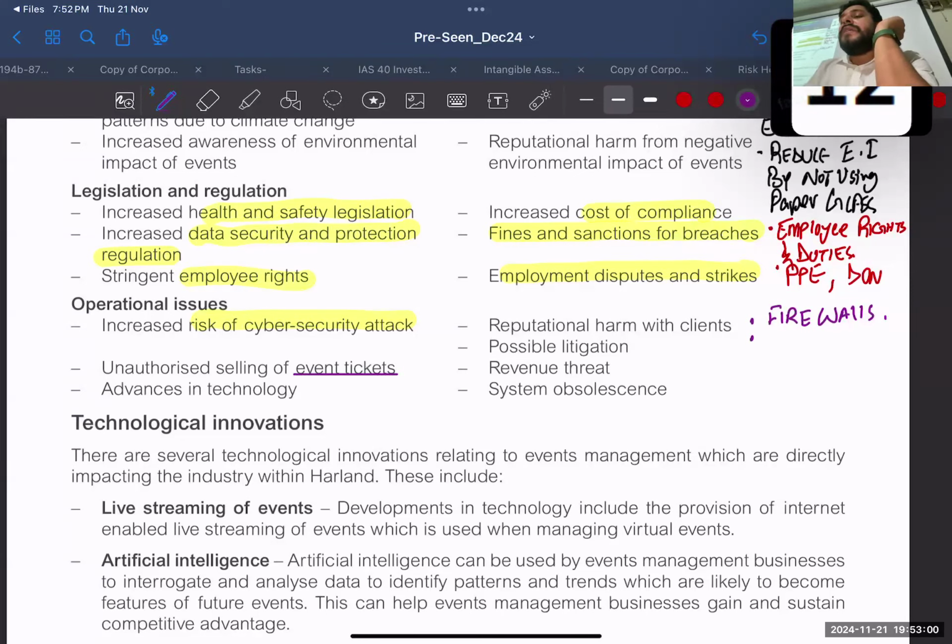Maybe adding a QR code or barcode that validates the authenticity of the ticket, right? Then advances in technology. Maybe hiring a technology innovation manager that looks after the technology, its innovation, and market statuses.